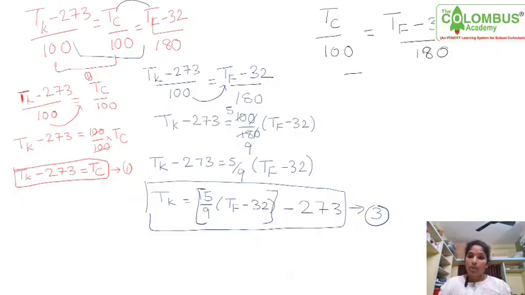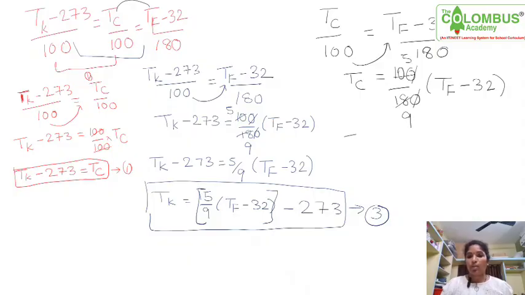Send this 100 to this side, that equals 100 divided by 180 into (temperature in Fahrenheit minus 32). The zeros get cancelled, 5 by 9. Temperature in Celsius is equal to 5 by 9 into (temperature in Fahrenheit minus 32).